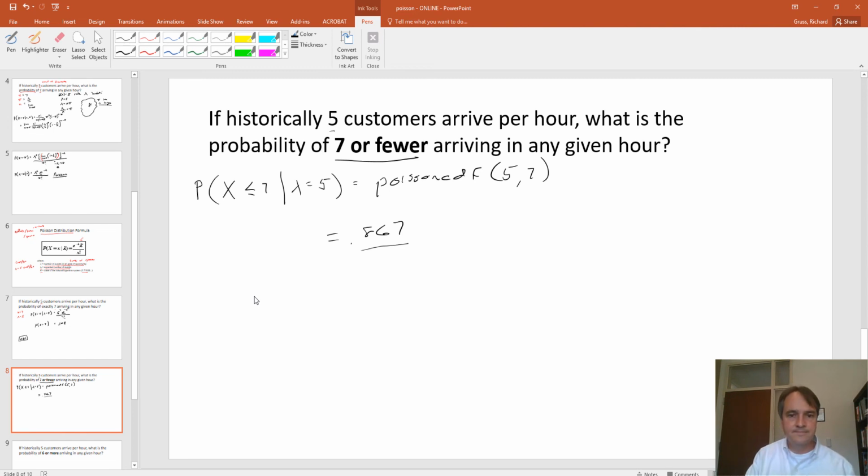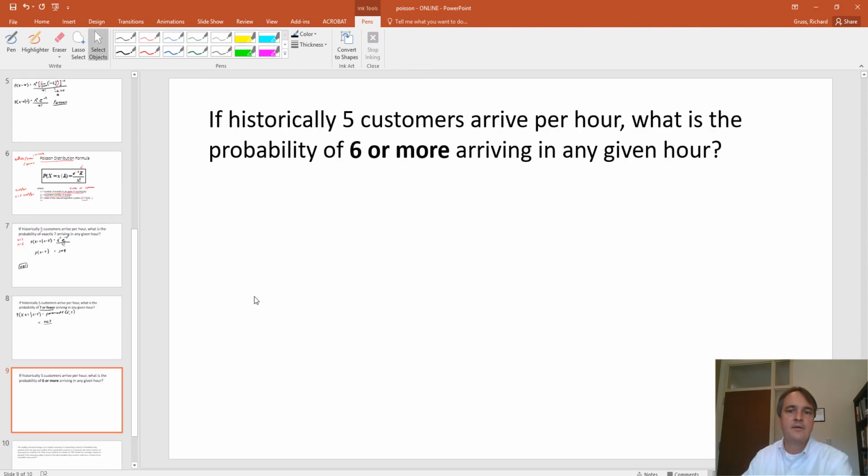Let's look at a slightly different case then. If historically 5 customers arrive per hour, what's the probability of 6 or more arriving in any given hour? Now we're not asking a question about less than or equal to anymore. We want to know the probability of x greater than or equal to 6.